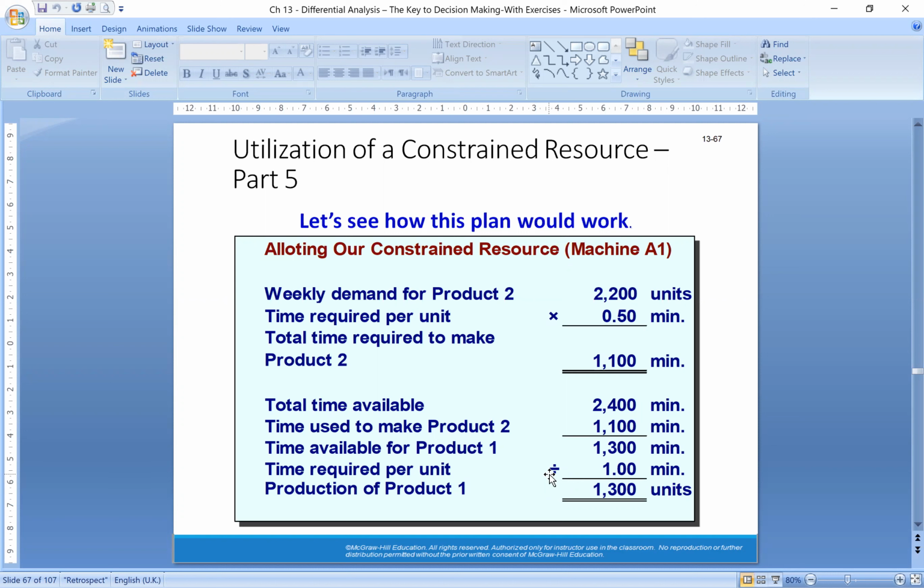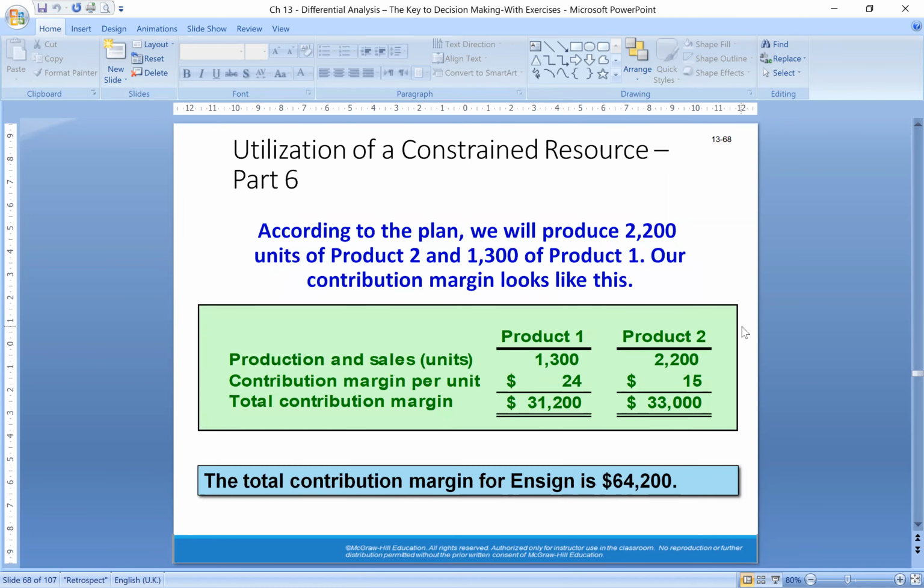This time can be used to produce product 1, divided by the time required for product 1, which is 1 minute. Now we only fulfill 1,300 units of product 1. Why? Because we don't have any excess time available for our machine. Then we fulfill product 2 and go back to product 1.